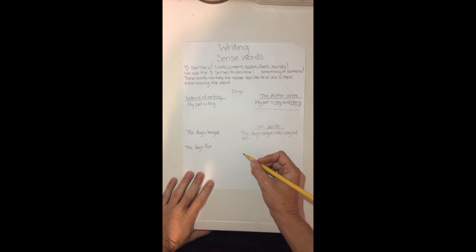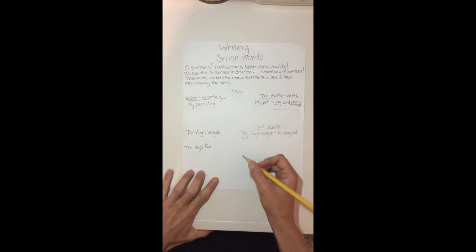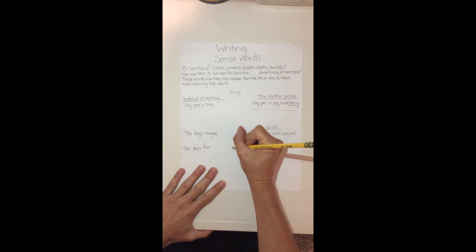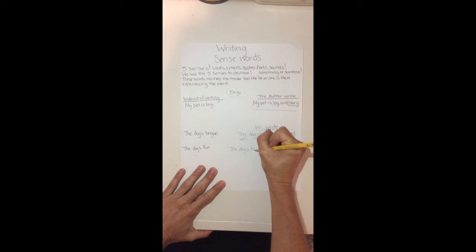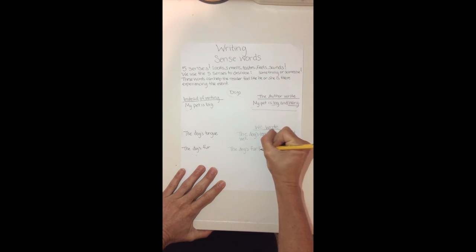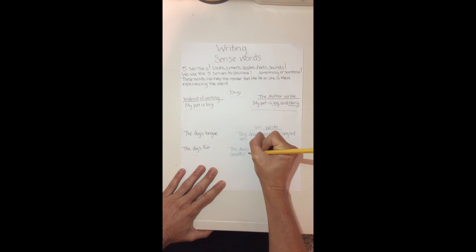After looking at the picture of the dog's fur and thinking about what the dog's fur might feel and smell like, we might write the dog's fur feels wet and smells stinky.